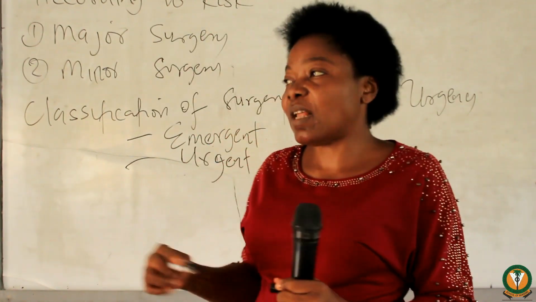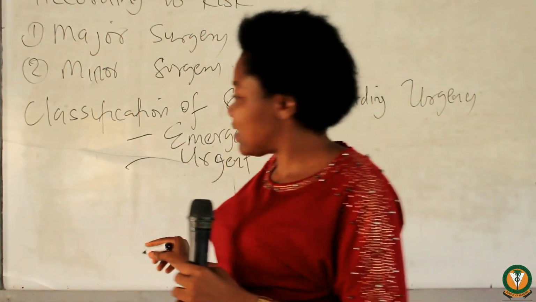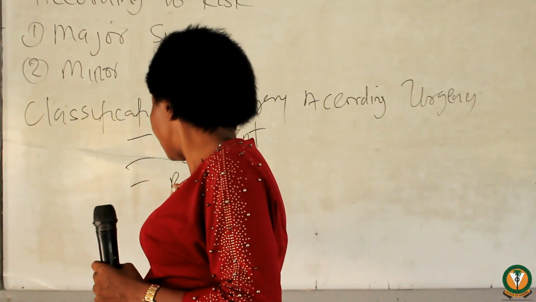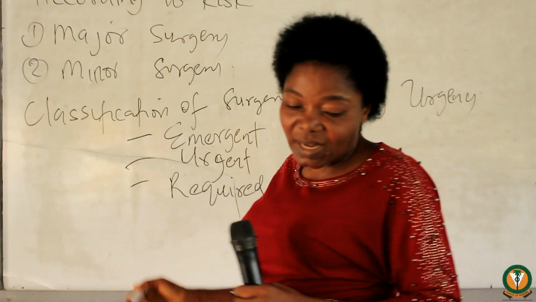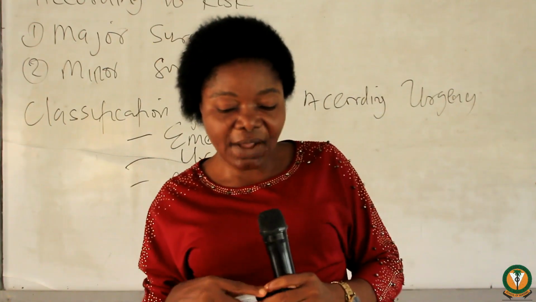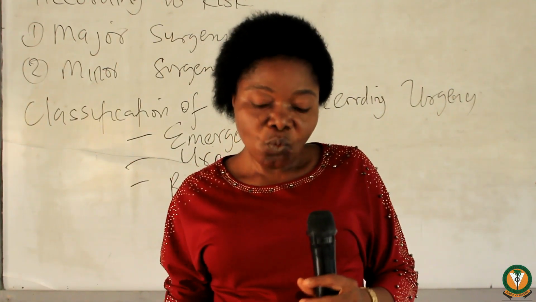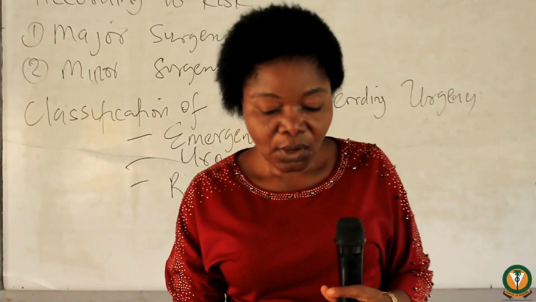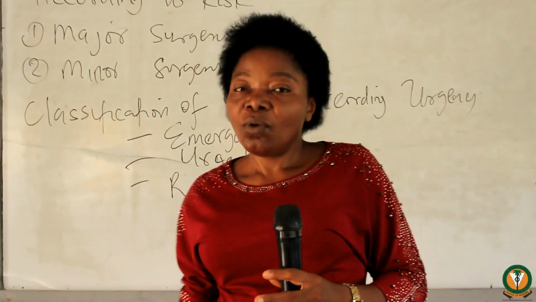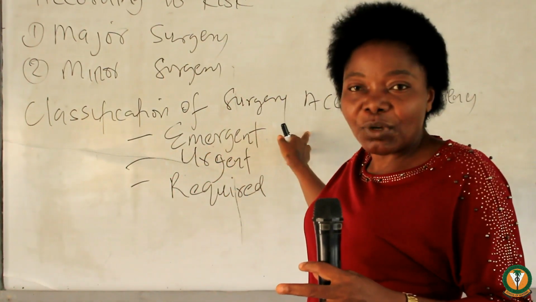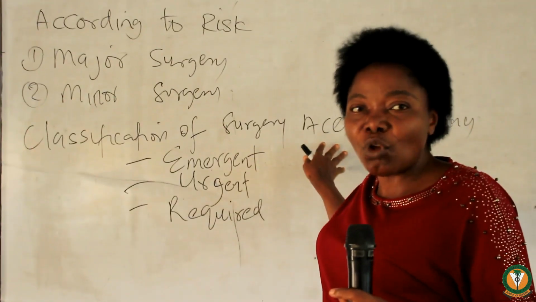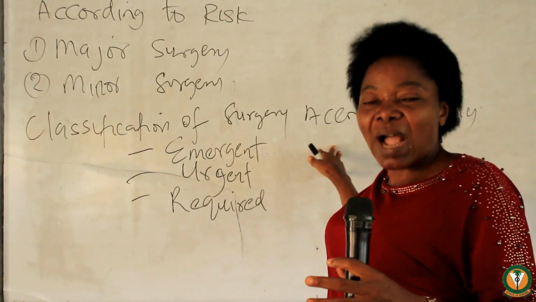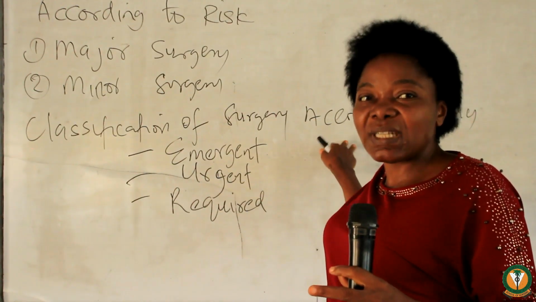Number 3 classification in this order is required surgery. In required surgery, the patient needs to have the surgery done within a few weeks or a month. We recall that in emergent surgery, the patient needs it immediately to save the life; if you don't do it within hours or minutes, the patient will die.